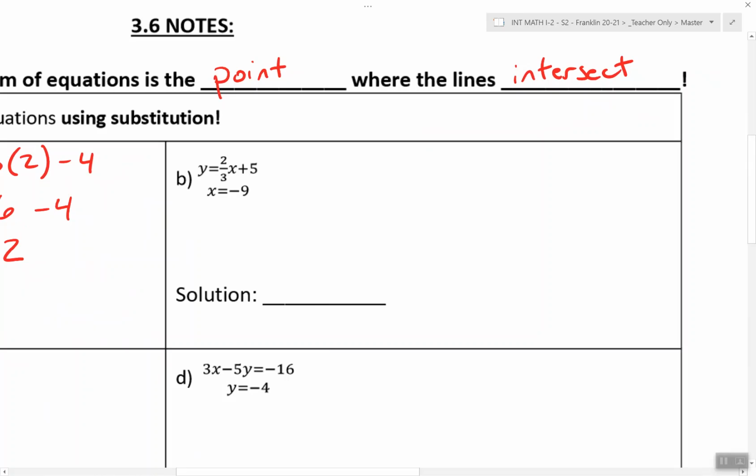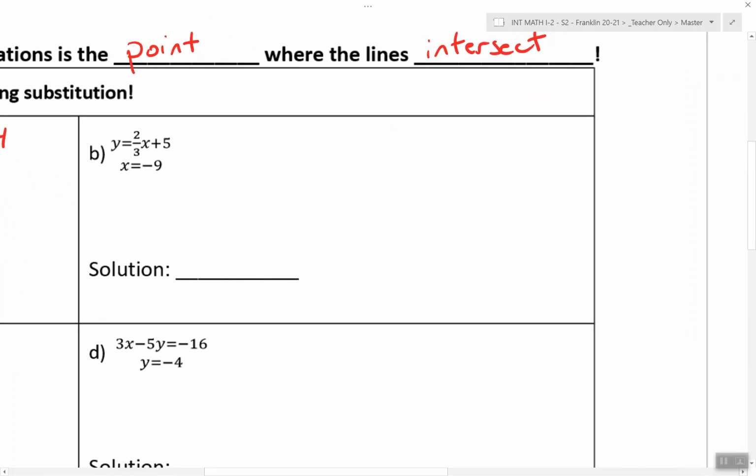Let's move on to example B. Y equals 2/3 x plus 5 and x equals negative 9. Again, we're given the information that x is equal to negative 9. So we'll just take that and plug it in to the other equation for x. So y equals 2/3 times negative 9 plus 5. So again, we just replaced the x with that negative 9.